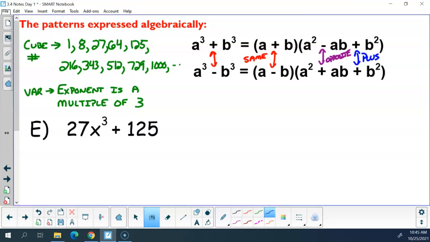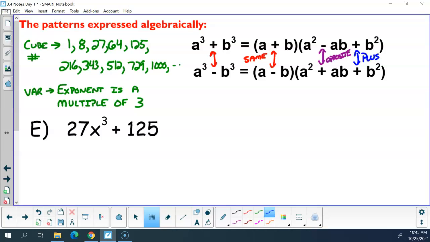Let's try one. 27x cubed plus 125. Is 27x cubed a perfect cube? Yes. Because 27 is on our list of cubes, and x cubed has an exponent that is a multiple of 3. Is 125? Yeah.